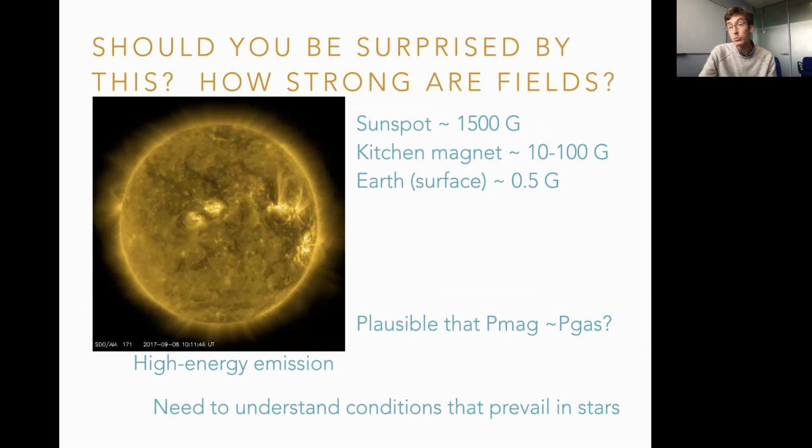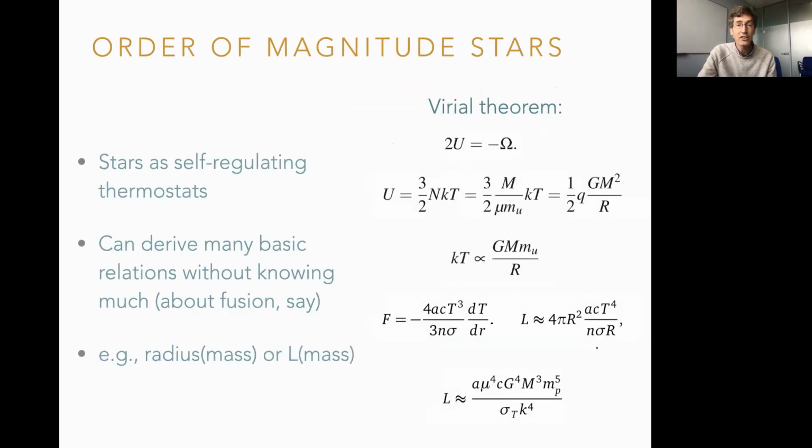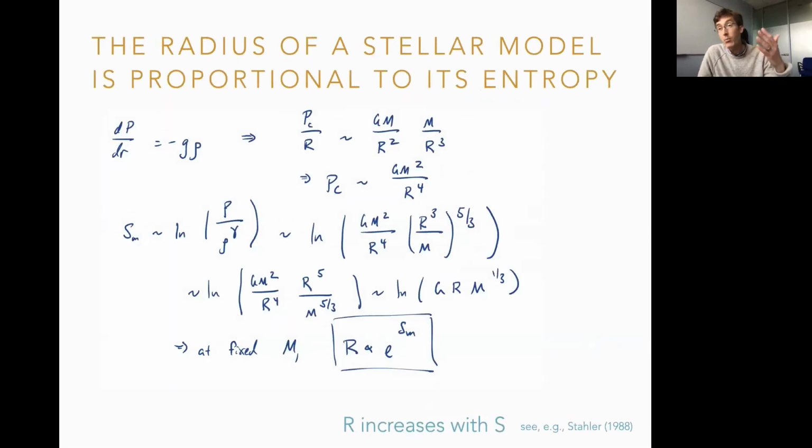The conclusion you probably will find is that it takes a heck of a strong magnetic field to be comparable to the gas pressure. So if you wanted to change the structure in that way, it's tough. You need 100 megagauss fields or something like that, which are not very plausible on other grounds.